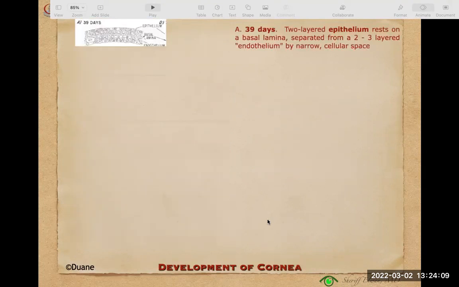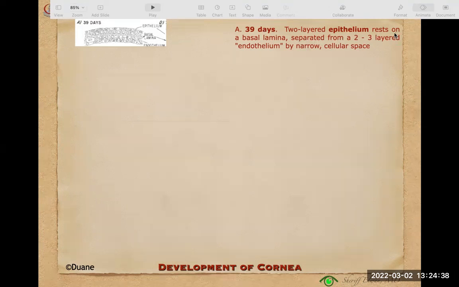Now, how does the cornea develop? It starts by formation of the 2-layered epithelium. We all know that the epithelium of the cornea is formed of 5 to 7 layers, but the 2-layered epithelium only starts to develop at 39 days. That means before the end of the 6th intrauterine week.